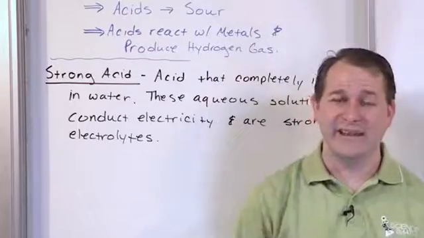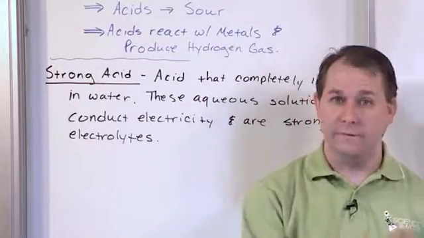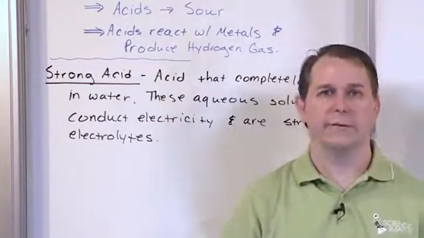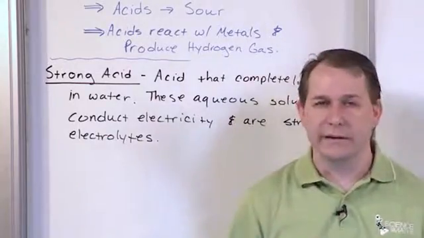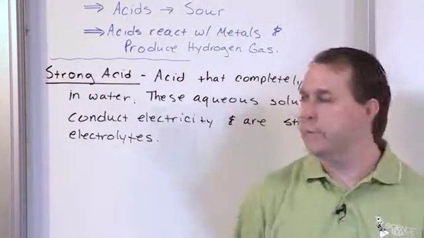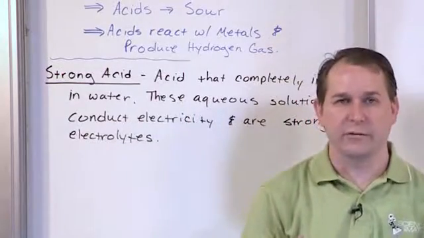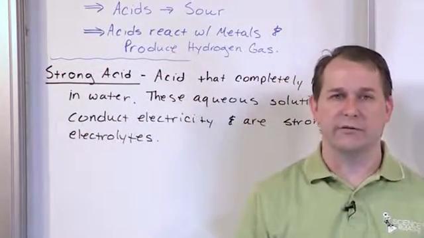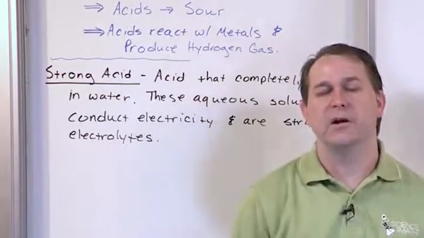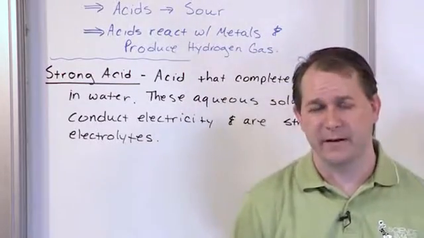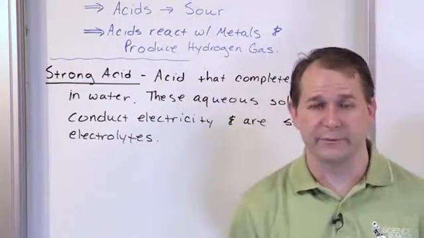So you have HCl. The hydrogen ions are floating around in the water, the chloride ions are floating around in the water, and it breaks down completely. Since it's fully dissociated, we call it a strong acid. And because we have all these ions floating around in solution, the solution is able to conduct electricity. So a hydrochloric acid solution should conduct electricity, right?